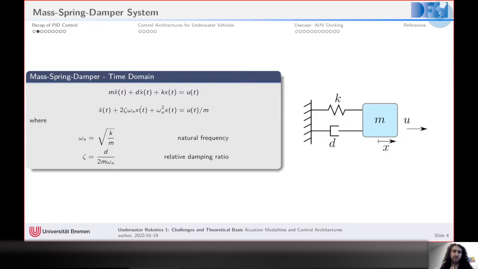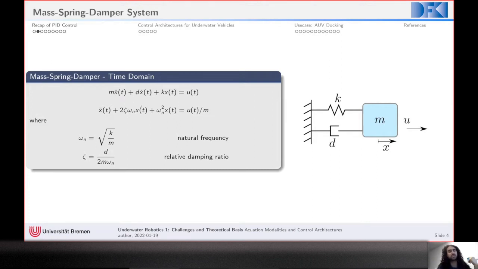So let me transform this into a second order differential equation. It is a second order differential equation. If I just divide by the mass, we could write it as x double dot plus 2 zeta omega n x dot plus omega n squared x. We will call omega n the natural frequency of this system.